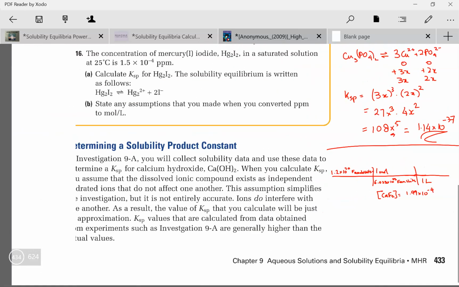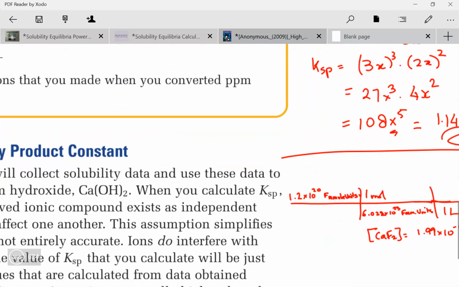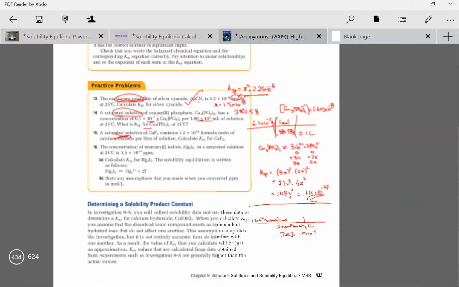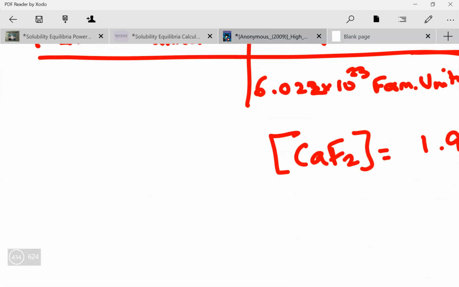Again, this concentration is basically a saturated solution. This is what is giving us our molar solubility. This is our X value, essentially, when I calculate the concentration. Realistically, I'm going to ignore this more or less in my ICE table. I'm getting my X value from the concentration that is present.